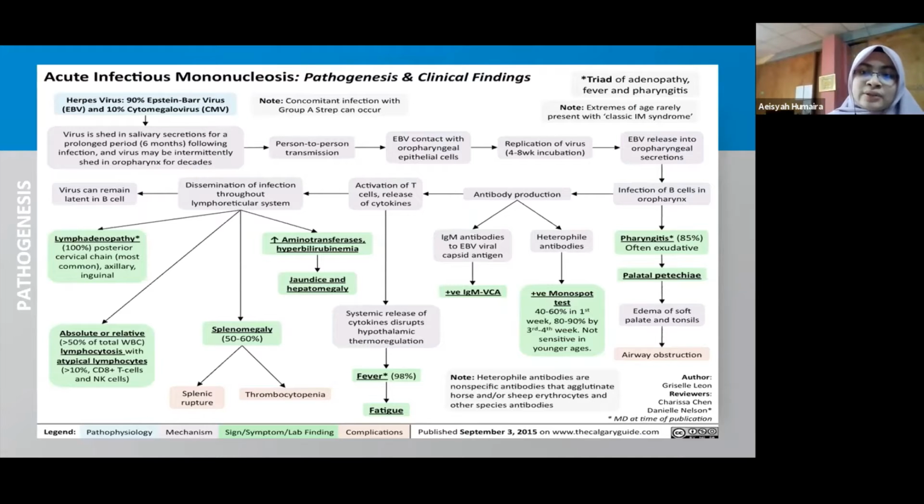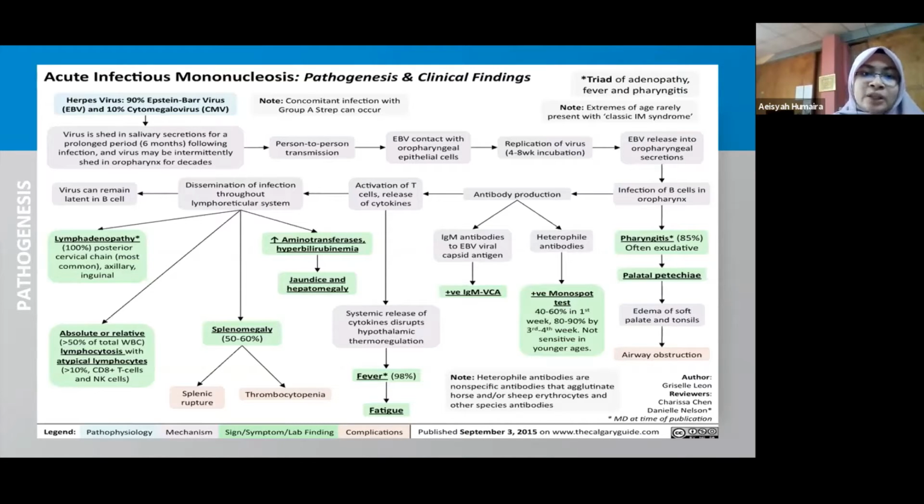After it is released into the oropharyngeal secretion, it will infect the B cells in the lymphoid tissue in the oropharynx. This is responsible for the clinical manifestation of pharyngitis. Then EBV induces antibody production, and it will activate T cells. T cells will release the cytokines interleukin 2 and interferon gamma that are responsible for the fever.